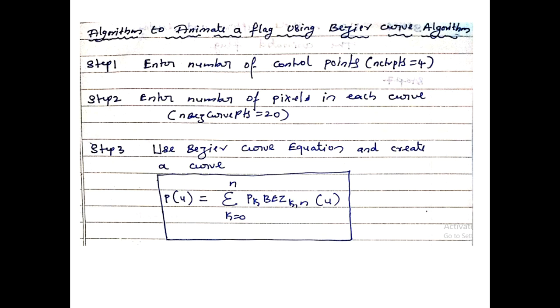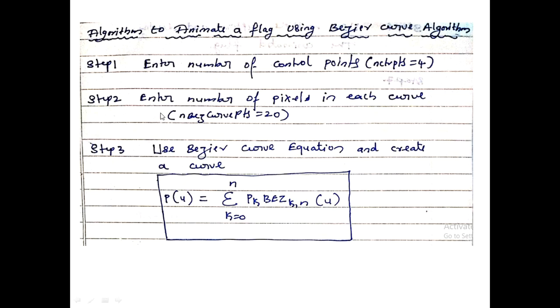This is the first step. The programmer has to specify how many control points you are selecting. So as per the Bezier curve, we are taking the number of control points equal to 4.